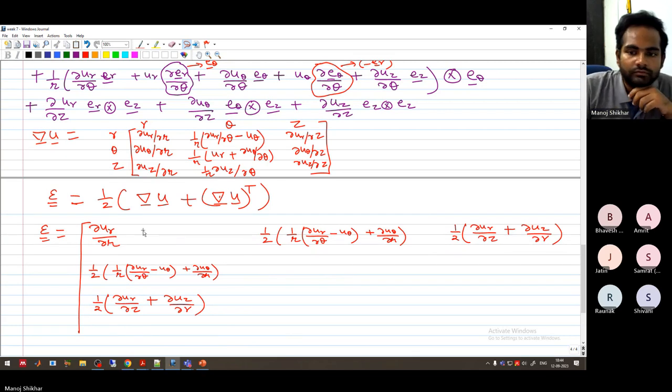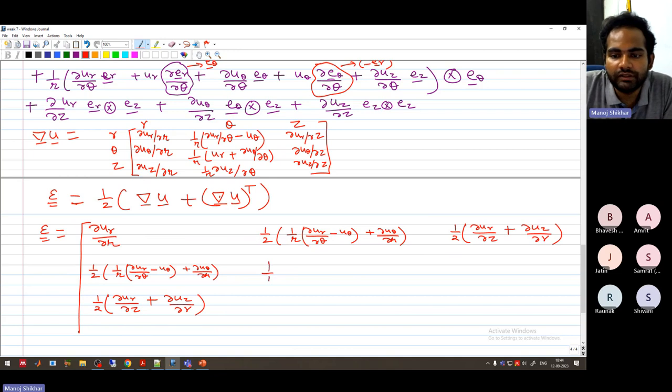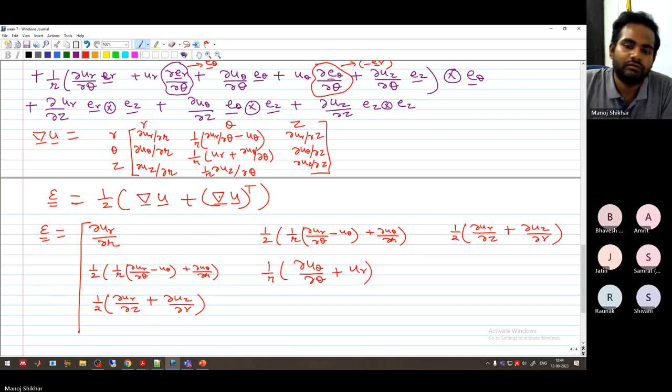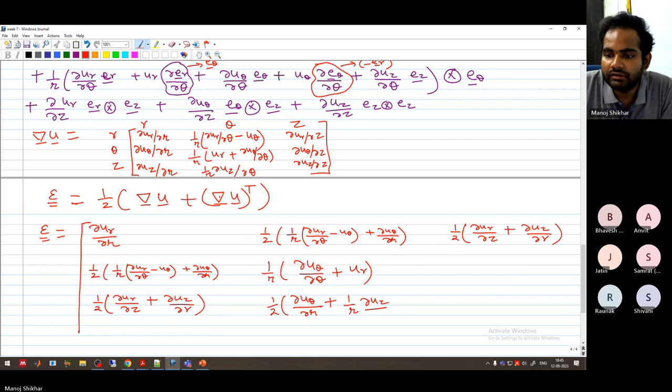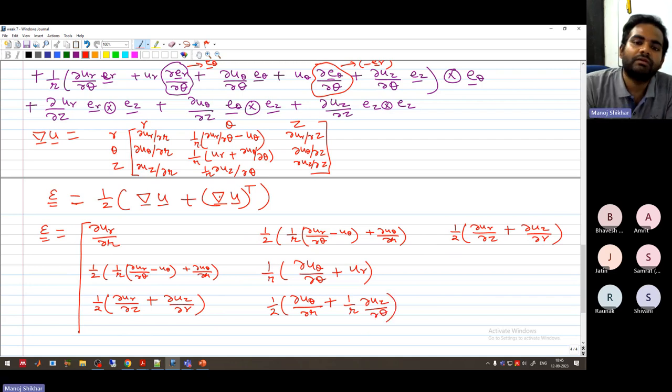Here you will have 1 by r del u theta del theta plus ur. Here you will have 1 by 2 del u theta del z plus 1 by r del u z del theta. So we have simply put this gradient of u here and we are finding what the components are.